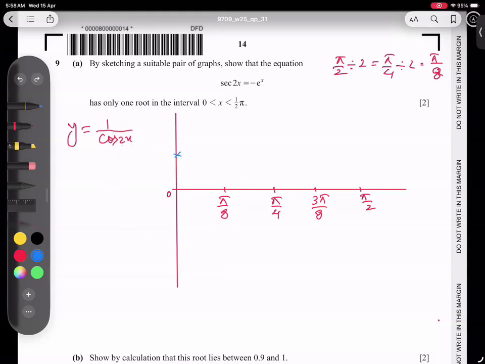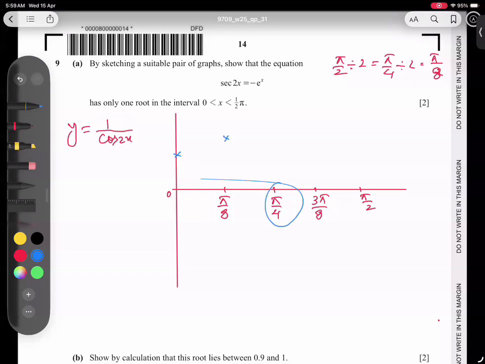You can check in the calculator 1 over cos pi by 4, and make sure we use radian mode. This is very important. Anyway, this gives us root 2. Root 2 is 1.4, so slightly up.